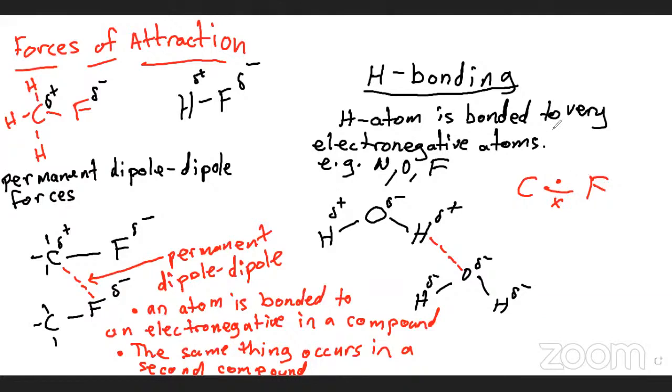So what will happen, fluorine is going to pull the electrons closer towards itself. So it's because of this uneven or unequal sharing.